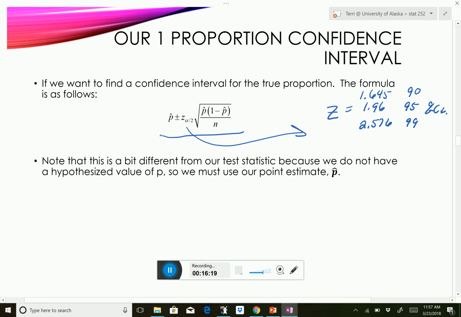Okay, so that's what the z is going to be. And now look, I don't have a p naught, so I have to just use p hat in there. So it is going to be a little bit different. And when we do our assumptions, of course, we just have to make sure that x and n minus x are both greater than 5.